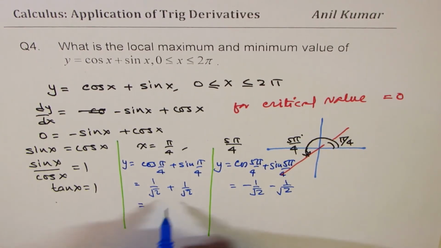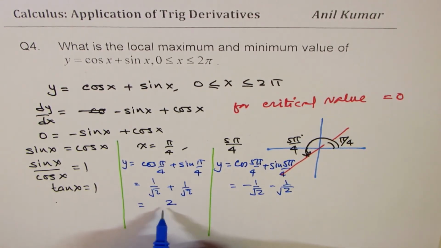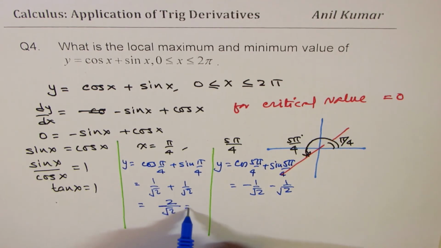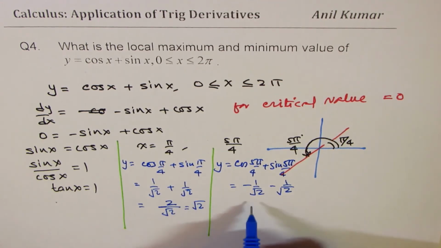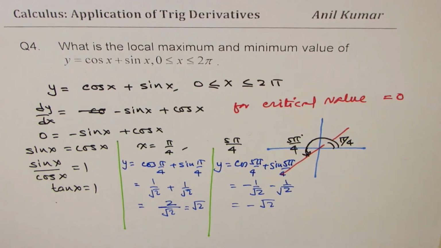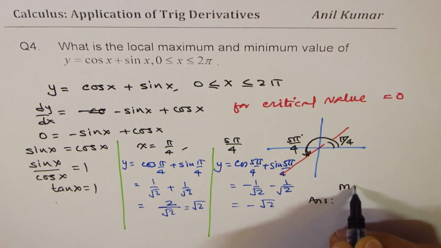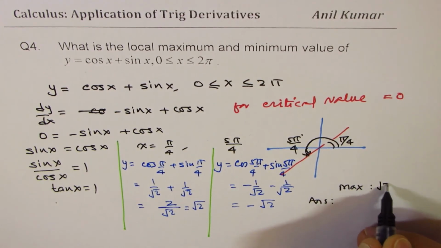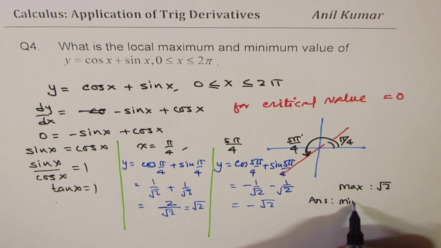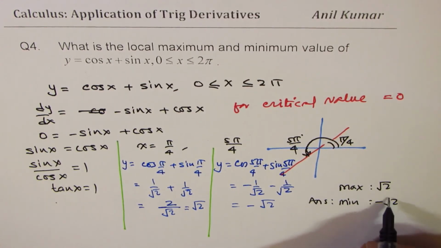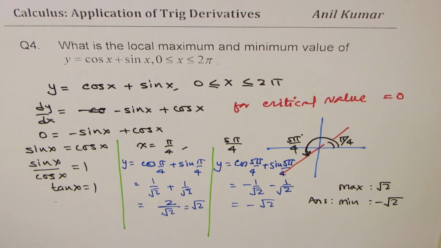That gives 2 over square root 2, or just positive square root 2, and the other gives negative square root 2. Perfect. So we get our maximum and minimum values. The answer is: maximum is square root 2 and minimum is minus square root 2. Does that make sense? That is how you could solve this question.